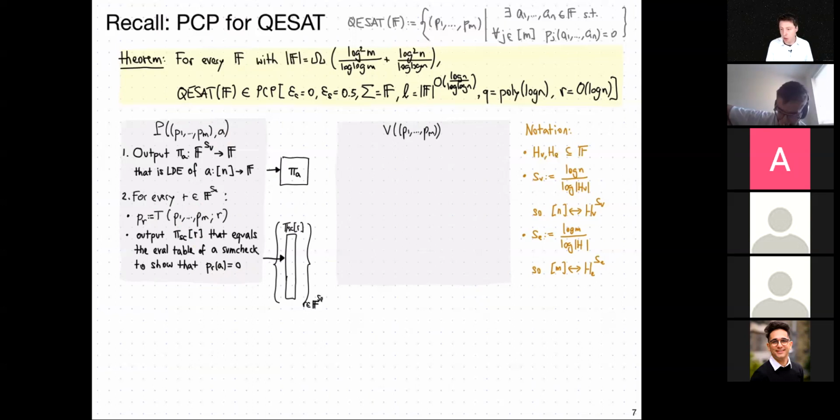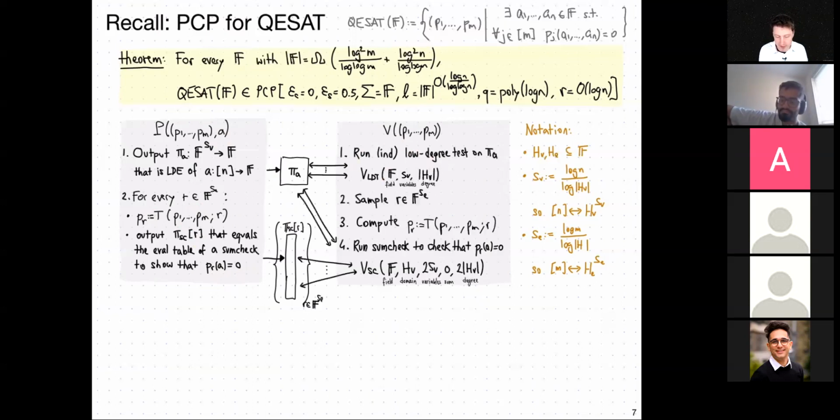The verifier was testing the alleged low-degree extension, sampling a random string, computing just this equation for this random string, and then running the sum check, which involved reading a few locations of one of these tables, and also querying the low-degree extension at a couple of places, because the way you think of the evaluation of a polynomial is as a sum check over the corresponding quadratic terms.